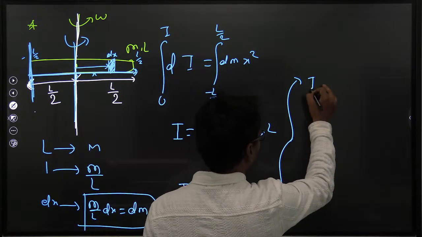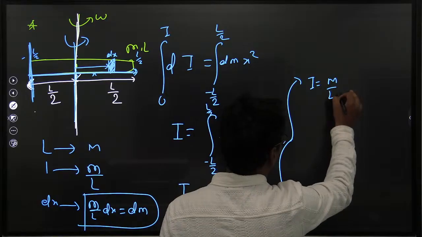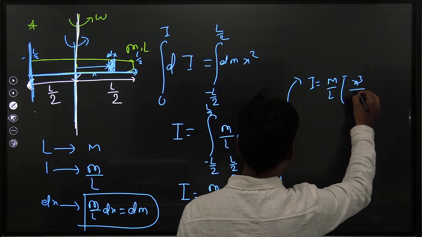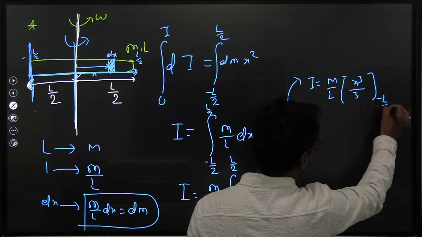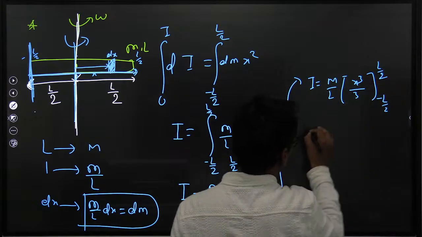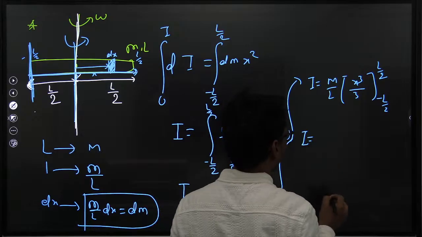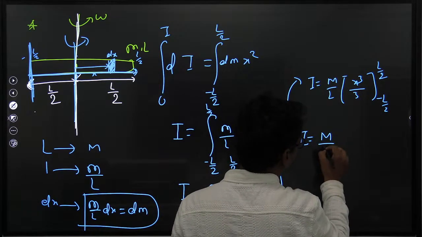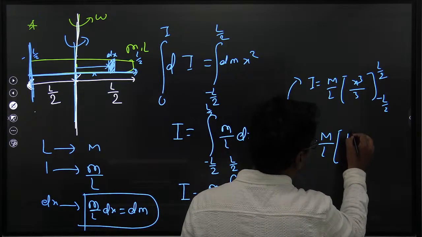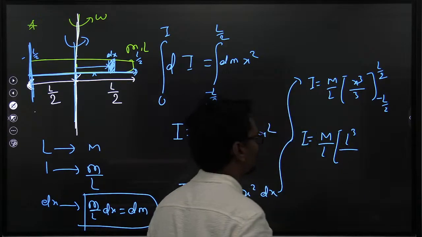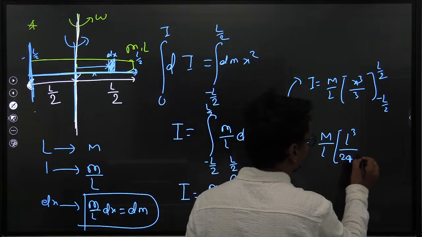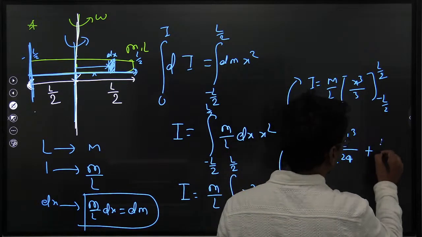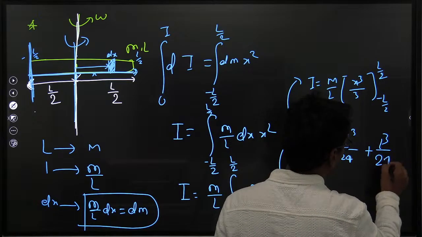Now I is equal to m by L times x cube by 3 from minus L by 2 to L by 2, and we put here m by L times L cube upon 24, minus, and the minus comes outside, plus here also L cube by 24, after calculating.